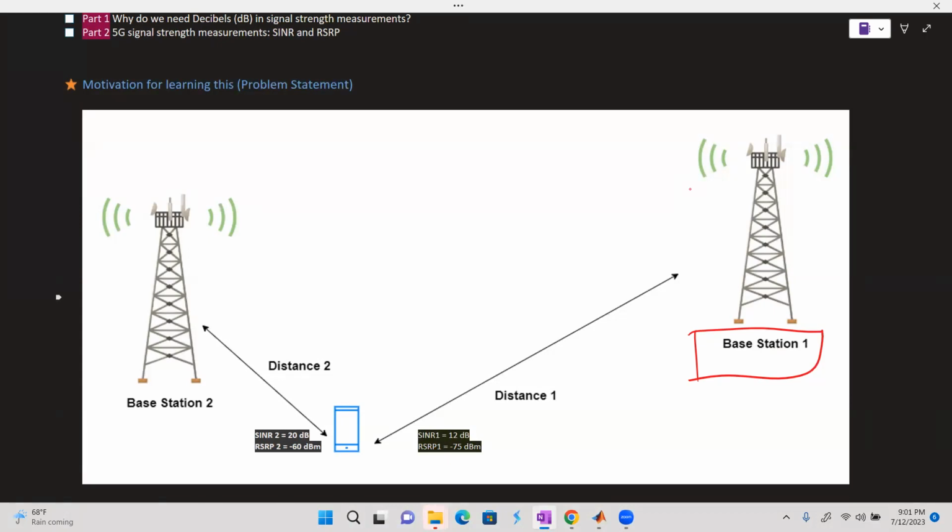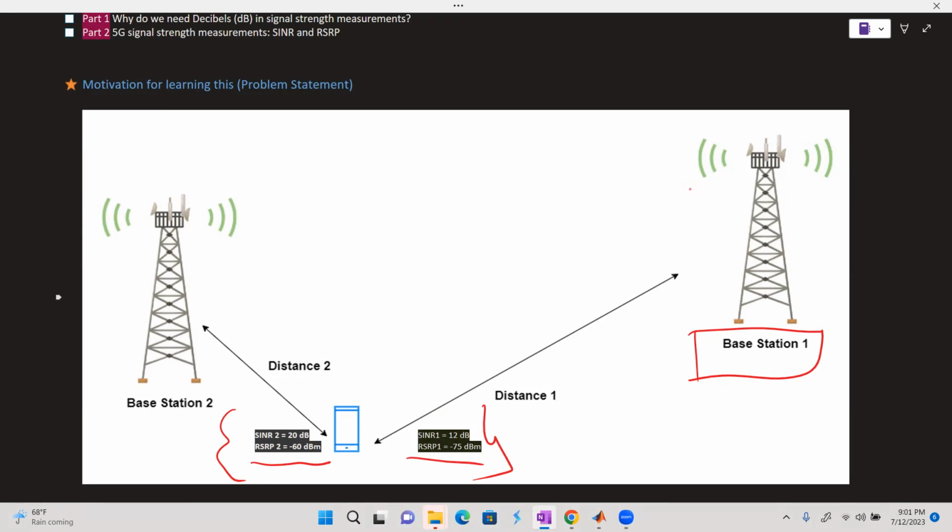And as you can see in this picture, a mobile phone can actually see multiple base stations at all points, and it needs to do some cell measurements of SINR and RSRP to decide which base station it needs to connect to.